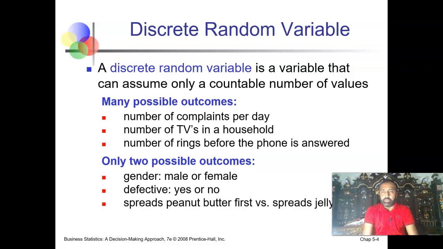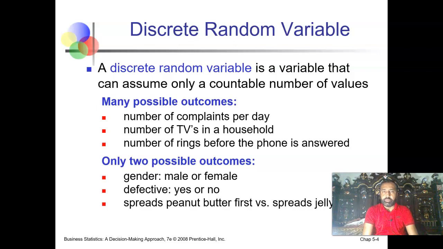Now, the further explanation about the first type of random variable, which is discrete. A discrete random variable is a variable that can assume only a countable number of values. It can have more than two possible outcomes and it can have only two possible outcomes.